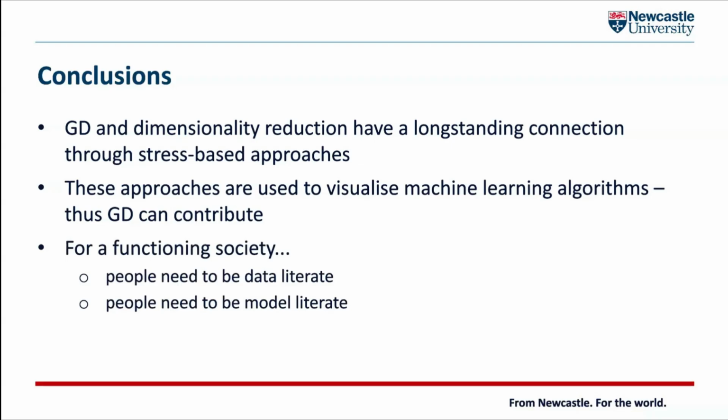And then the final part is for a functioning society. And I've said this a couple of times. People definitely need to be data literate. We've seen from the pandemic that sometimes people aren't. And they aren't visualization literate as well. In the next little while, we're going to run into a bigger problem, which I'm advocating, because people are going to need some level of model literacy.